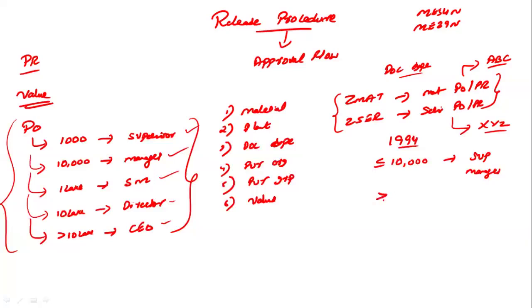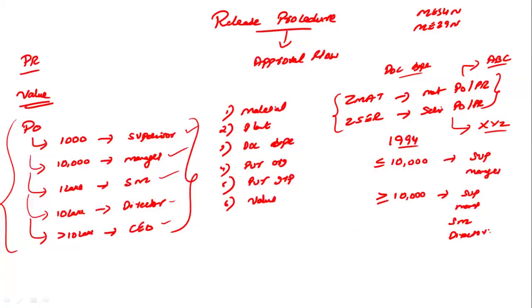Whenever the value is greater than or equal to 10,000, it should go to supervisor, manager, senior manager, and the director. This is a requirement. So based on these values, the release procedure should get affected.